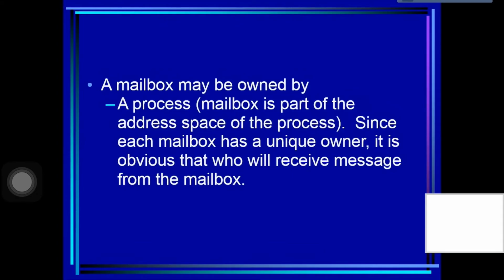Since each mailbox has a unique owner, there can be no confusion about which process should receive a message sent to this mailbox. When a process that owns a mailbox terminates, the mailbox disappears.